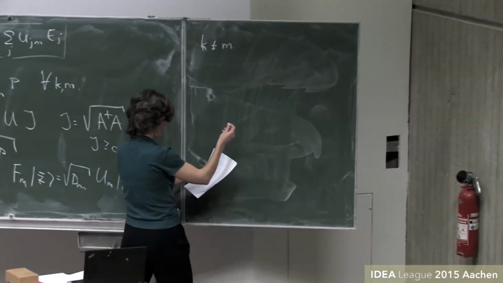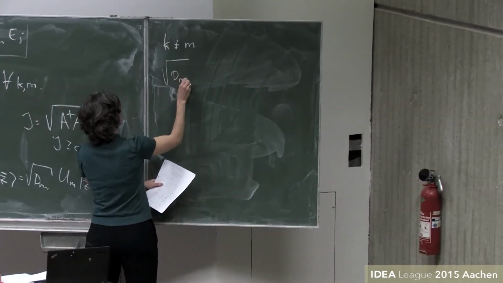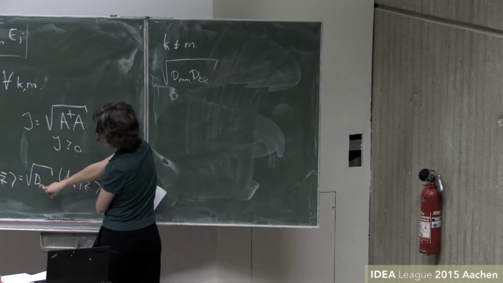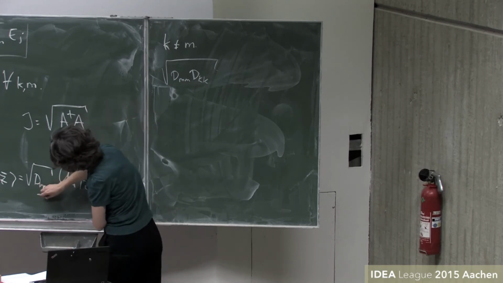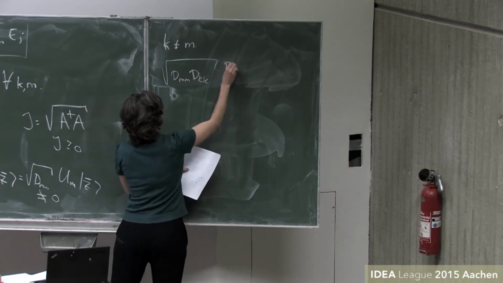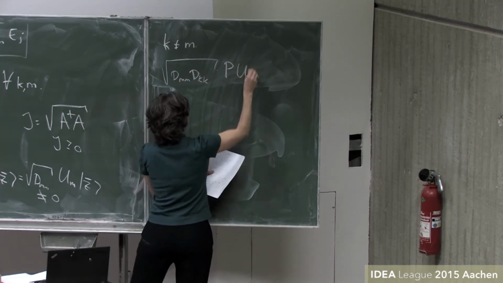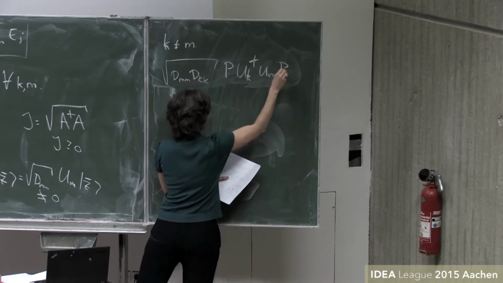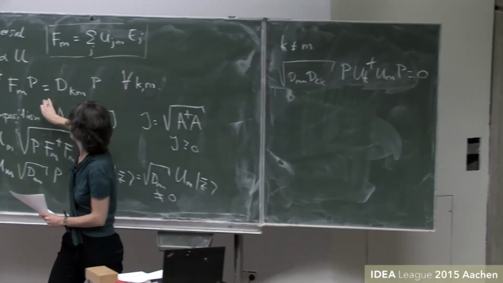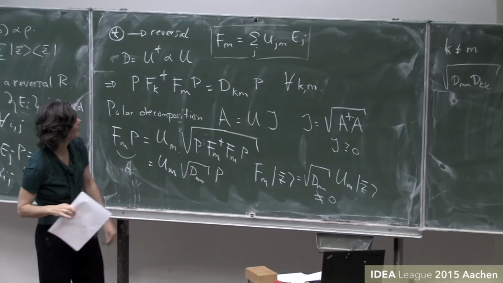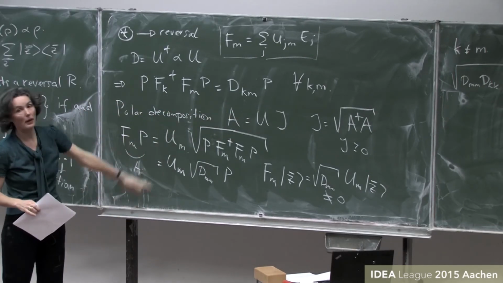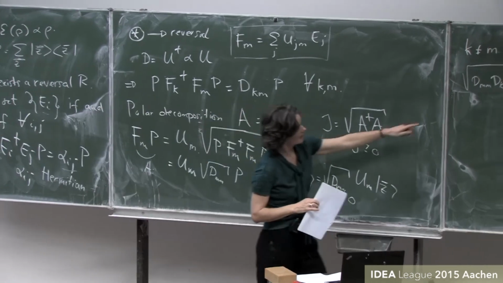So for k unequal to m, I have d_mm d_kk. I'm assuming this d_mm is unequal to 0, of course, otherwise it's not relevant. Times P U_k dagger U_m P is equal to 0. That's what this condition reads for k unequal to m. So the right-hand side is 0 for k unequal to m. On the left-hand side, I've used my polar decomposition, and I get it in this form.